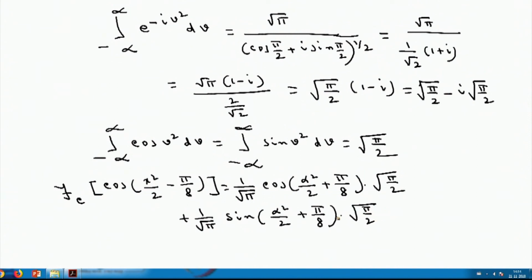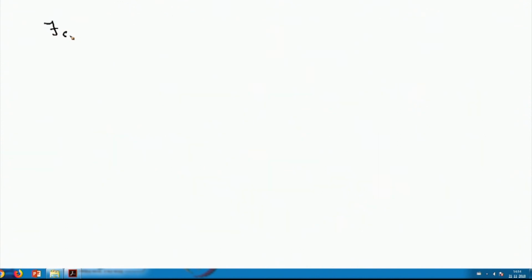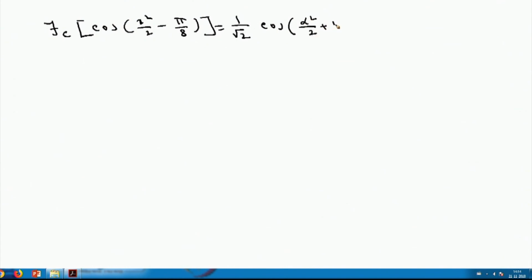So, substituting the value of these integrals, from here you can write the Fourier cosine transform of cos of x square by 2 minus pi by 8 equals 1 by root 2 cos of alpha square by 2 plus pi by 8 plus 1 by root 2 into sin of alpha square by 2 plus pi by 8.